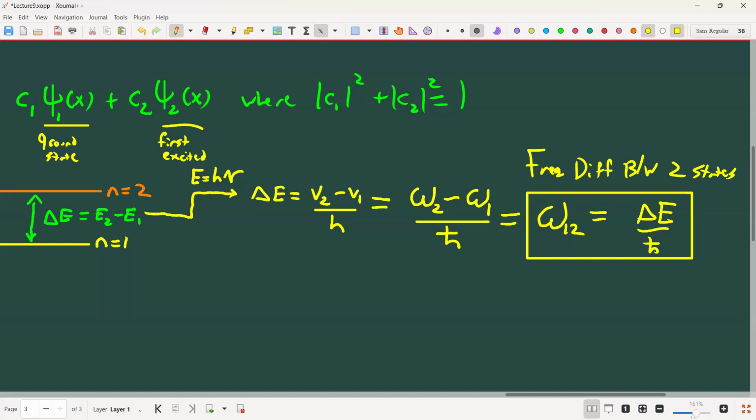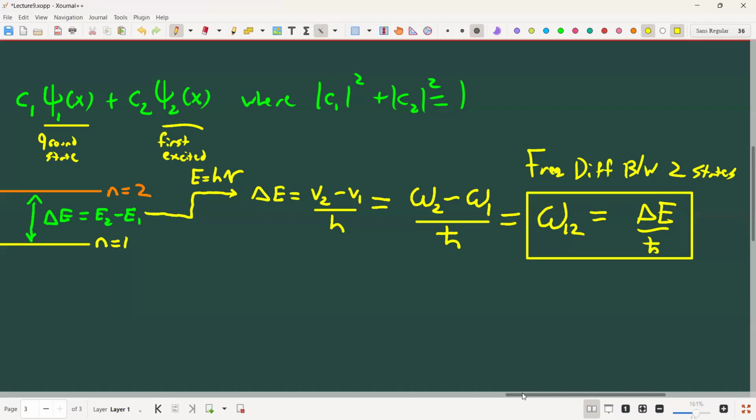So what I'm going to do is apply my spectroscopic condition, which is that I'm going to tune my light to be at roughly the same frequency. Remember, that's what we want to do. We want to match the energy of the light to the energy difference between two energy levels, which means we're going to match the frequency of the light to the frequency difference of the two states.